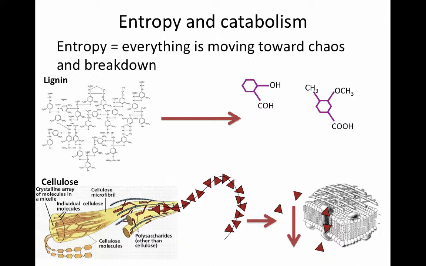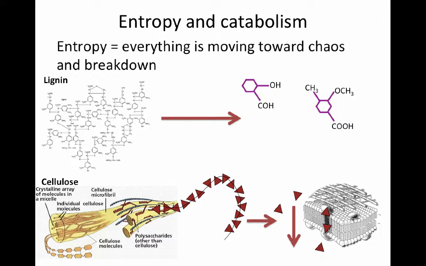Lignin at the top is this very complicated molecule, and cellulose is this very regular molecule of beta linked glucose units in a long, long stream built together. And so under the law of entropy, over time, these molecules would naturally break apart.